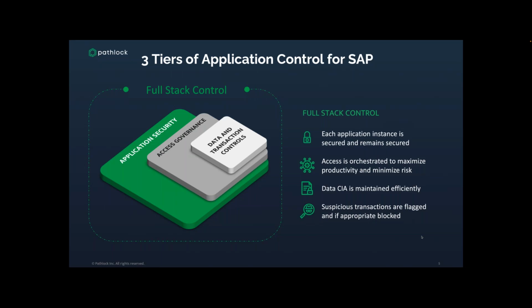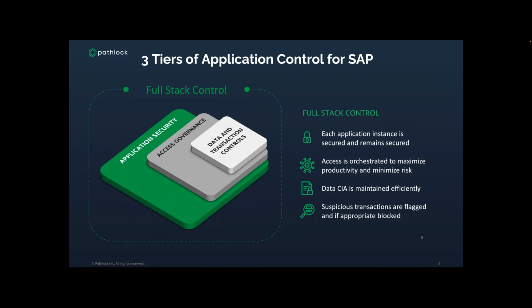The second tier of application control is with regard to users, looking at how you orchestrate access governance in order to maximize productivity and minimize risk, so that those people who are trying to use your SAP capabilities can do so when it's appropriate and are blocked from using it when it would be inappropriate.